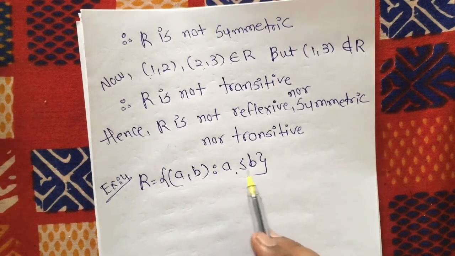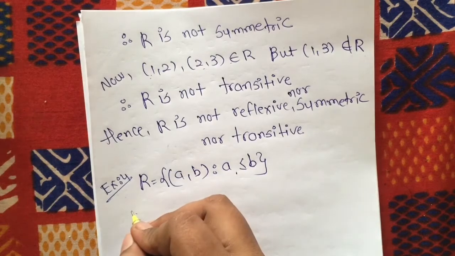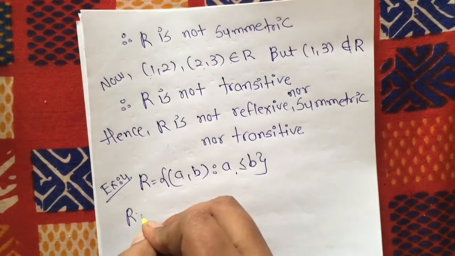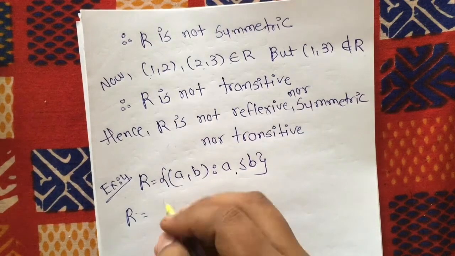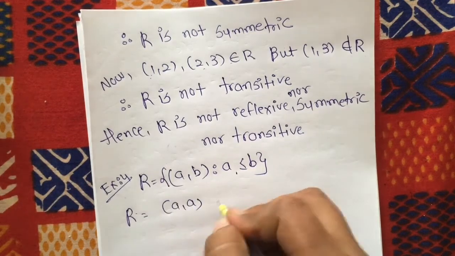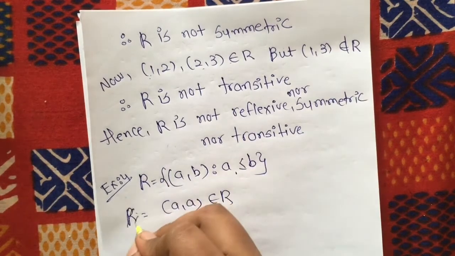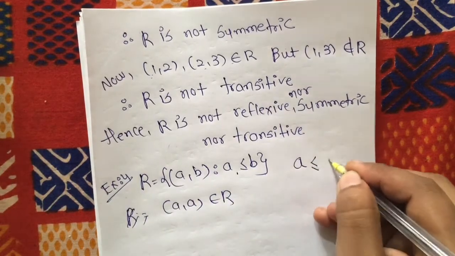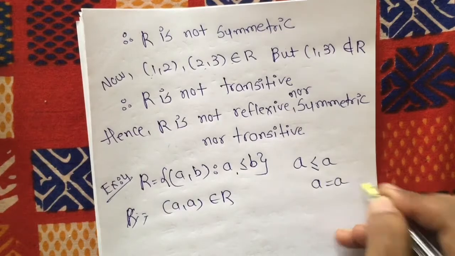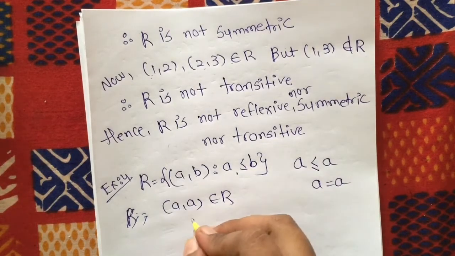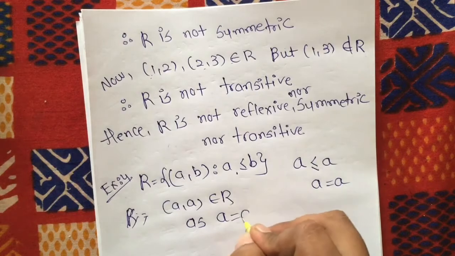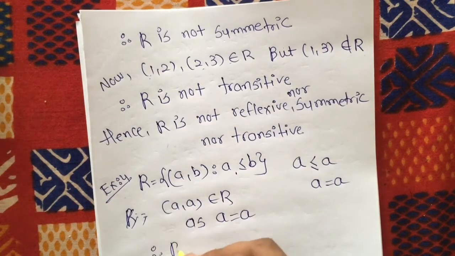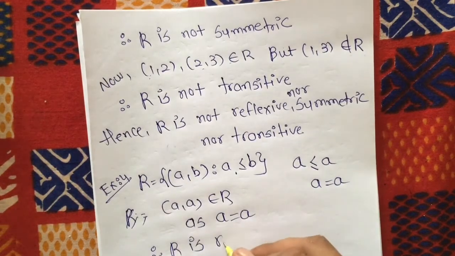Okay, so equal है यहाँ पे, तो we can take a that belongs to ℝ. R की वैल्यू हम कोई भी ले सकते हैं, a, because we have the condition that a is less than or equal to a, so a equals a तो होगा ही होगा. So therefore, as a equals a, R is reflexive.